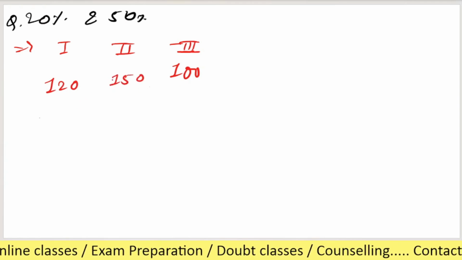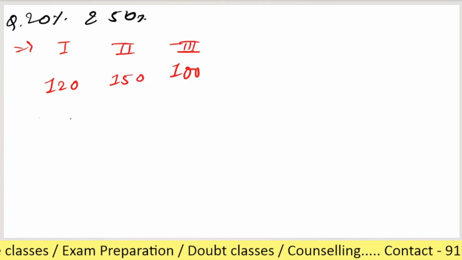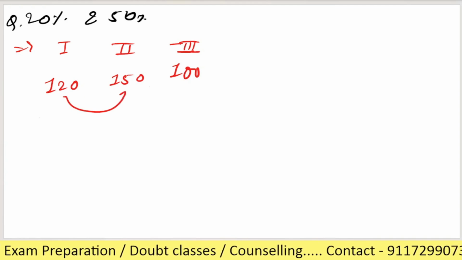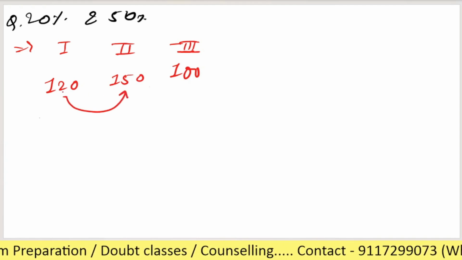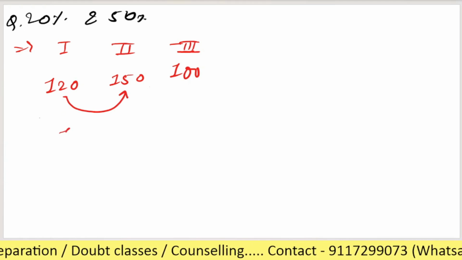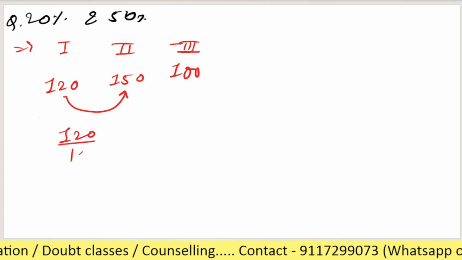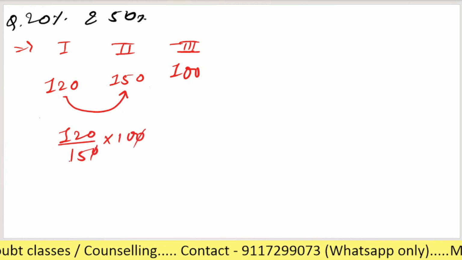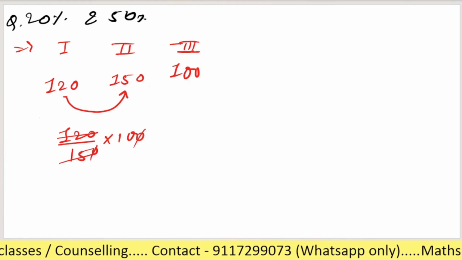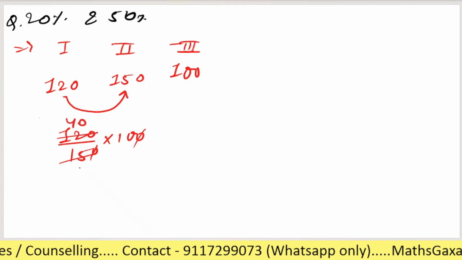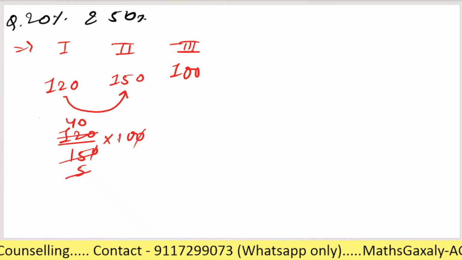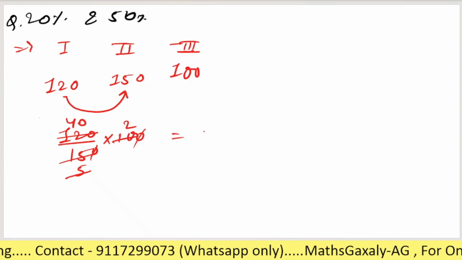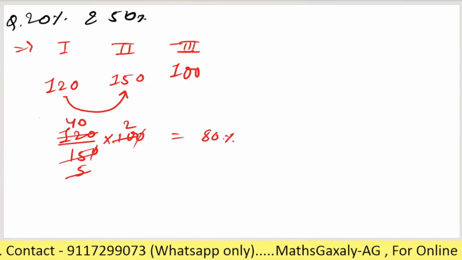Now we have to find what percent the first is of the second. This number is what percent of this number. So we just have to do 120 by 150 into 100. That's all, and it will be 80%.